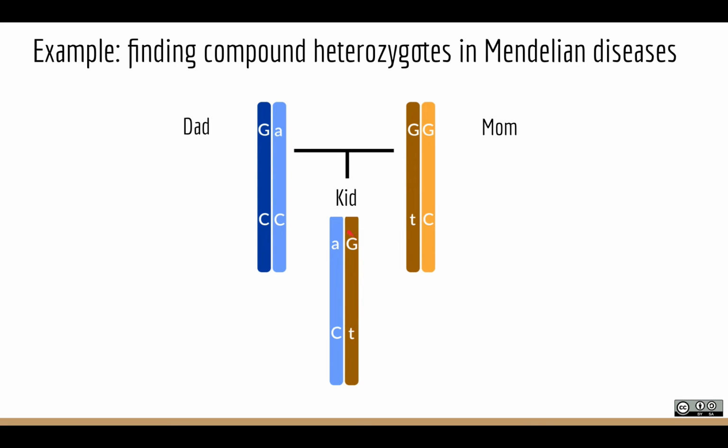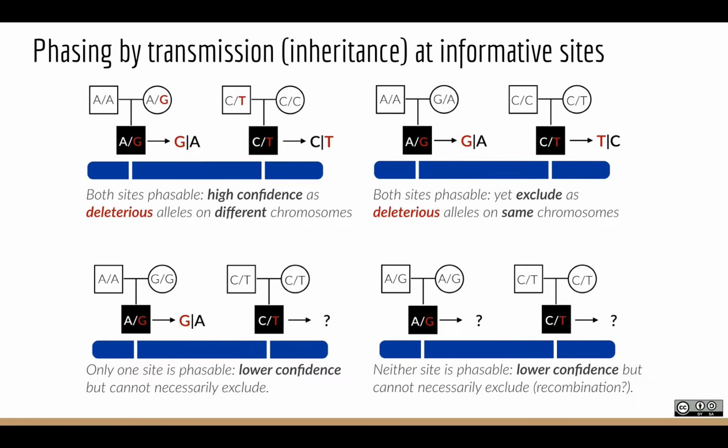We can know that directly by looking at parents' genotypes and figure that out, basically doing like Sudoku. But we would also need to know what the impact of these deleterious alleles is on the protein and how common they are.